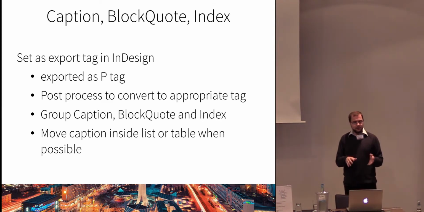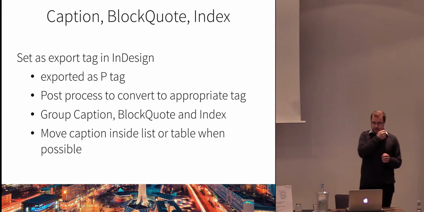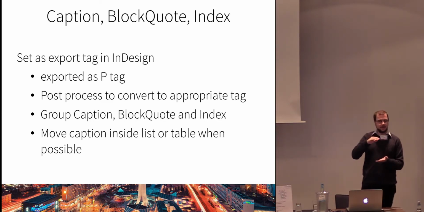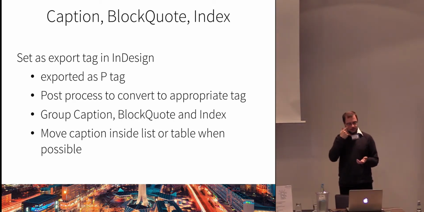And as you may know, we use the InDesign export for creating the tagged PDF. So InDesign will export that as a P, as a paragraph, and we then post-process that paragraph to be a caption. And we also group, so if you have multiple caption paragraphs just after each other, we will group them together. The same applies for BlockQuote and Index.